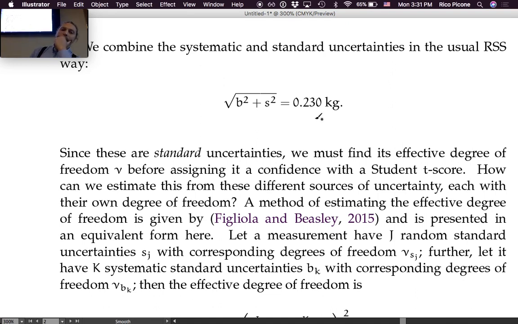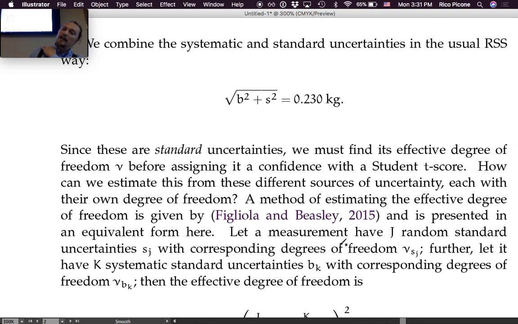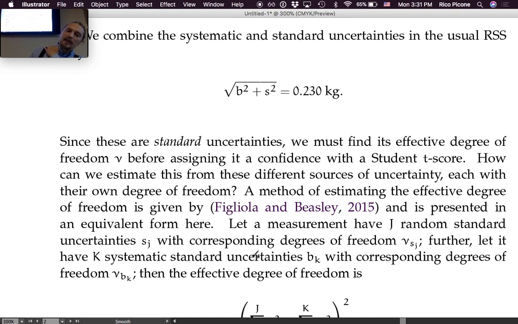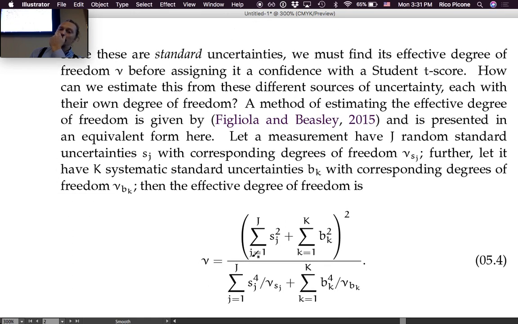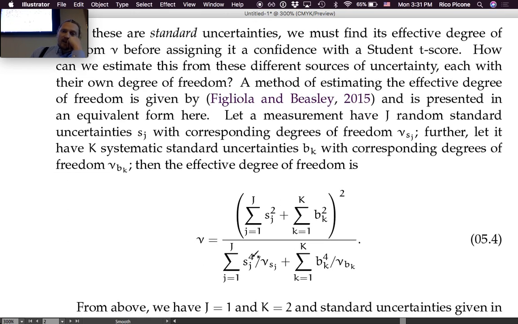Okay? A method of estimating the effective degrees of freedom is given in the textbook and is presented in an equivalent form here. I actually don't really like their equation, and I'll explain why. Let a measurement have j random standard uncertainties, S_j, with corresponding degrees of freedom nu_Sj. Further, let it have k systematic uncertainties, B_k, with corresponding degrees of freedom nu_Bk.